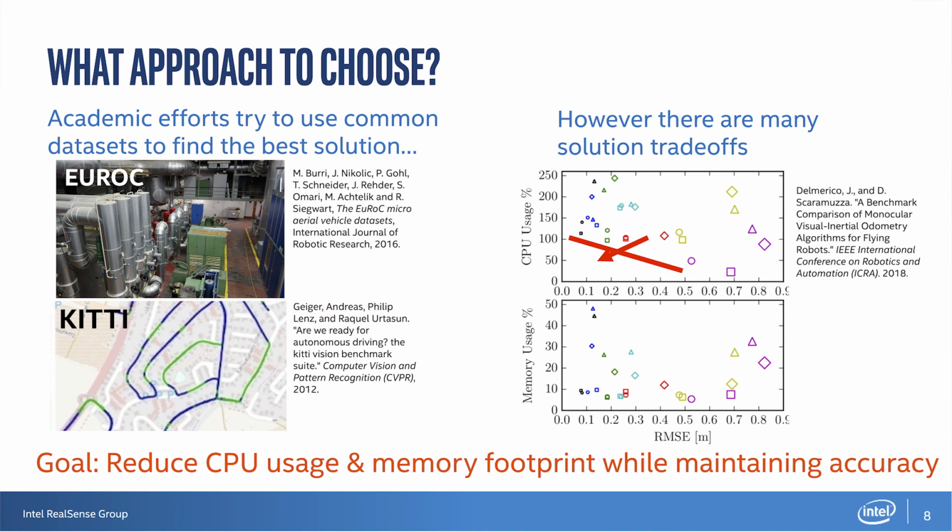And what we are trying to achieve is basically to get into that lower left corner and reduce CPU usage and memory footprint while maintaining the accuracy. For embedded systems, memory is another important aspect.